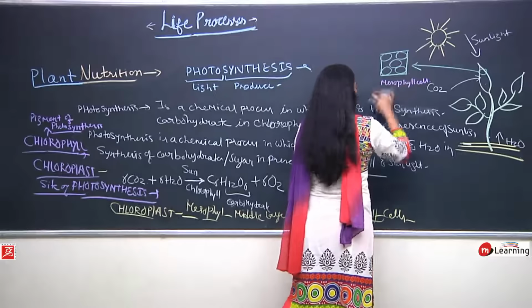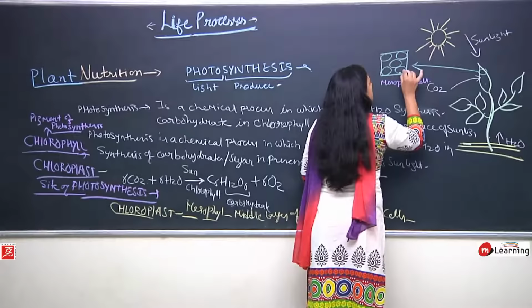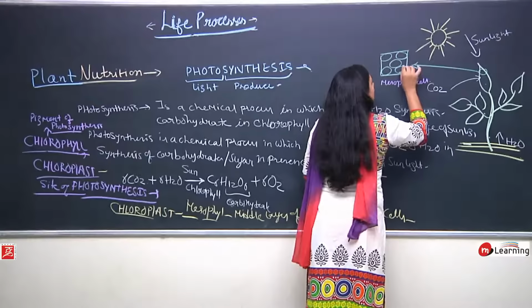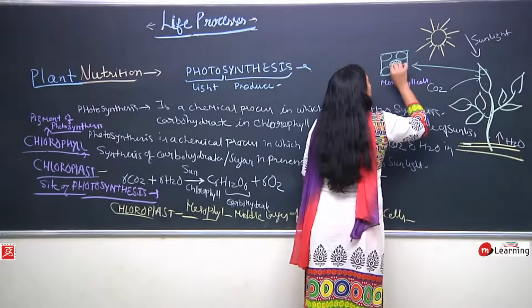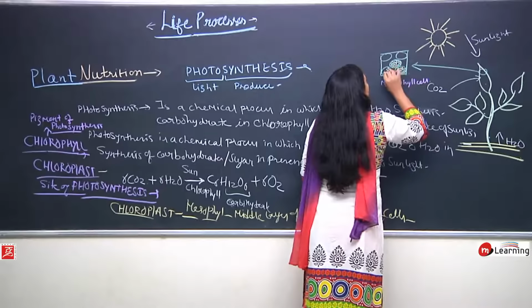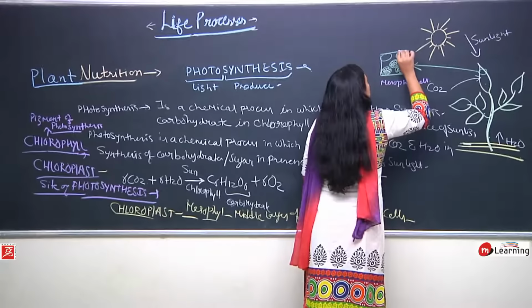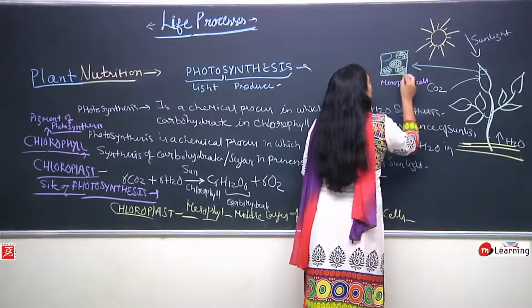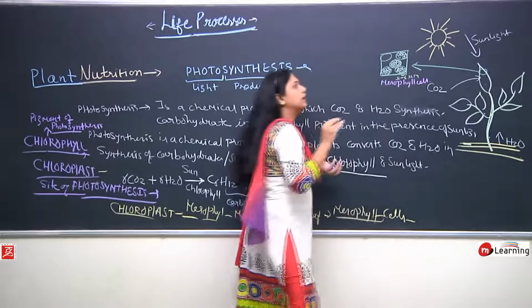In these mesophyll cells, small chloroplasts are there like this. These are the chloroplasts which occupy a mesophyll cell, and they are around 50 in number, and they are around 5 to 6 micrometer in diameter. So one chloroplast is around 5 to 6 micrometer in diameter.